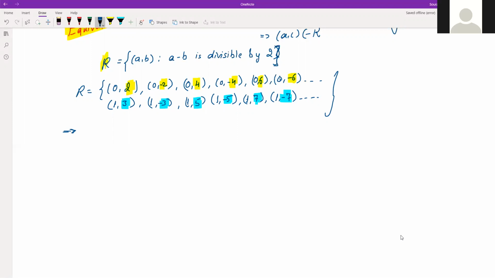Suppose the set E is of all even integers, and set O has all odd integers.